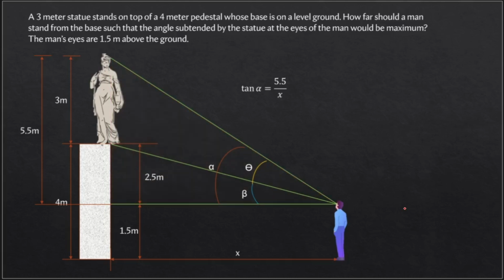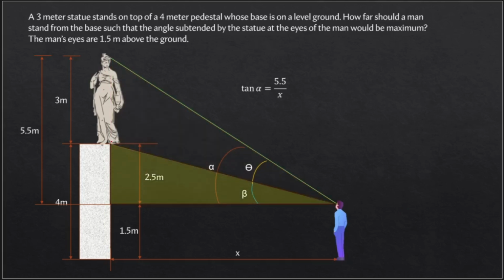Now we actually have this one. This is another triangle for which the height is 2.5 and the base is x. And so by the tangent relation, we have tangent of beta equals the opposite side 2.5 divided by the base, which is x. So we have this equation.